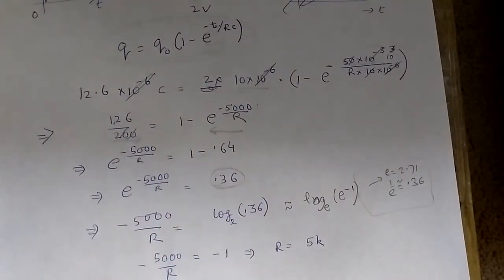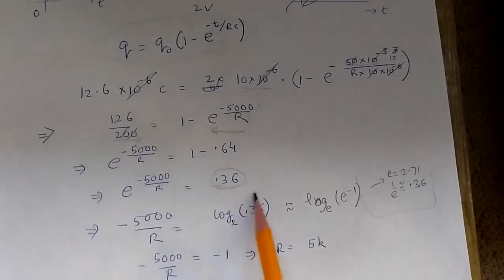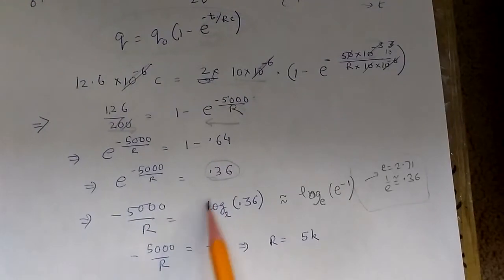Now at this point we can take the natural logarithm of this. If I take the natural logarithm on both sides, this becomes minus 5000 by R equals log e of 0.36.